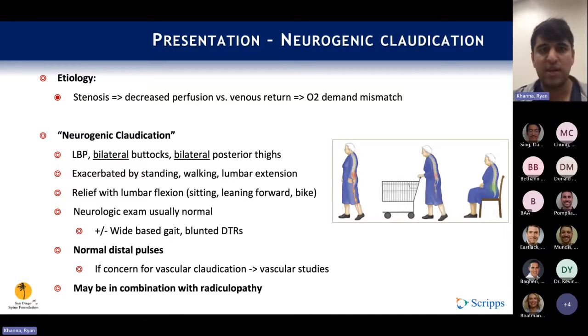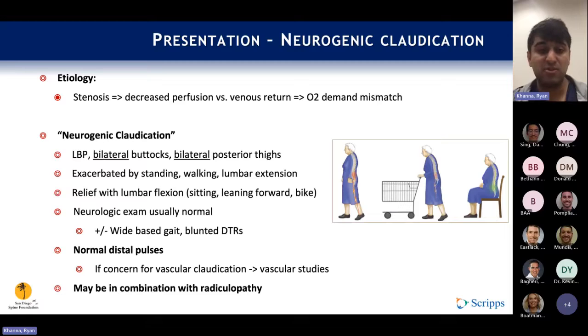Because of this, there's usually a mismatch between the blood supply and the oxygen demand required from the nerves. So the classic symptoms of neurogenic claudication are low back pain, bilateral buttock pain, and bilateral posterior thigh pain. And a lot of that is due to that mismatch.